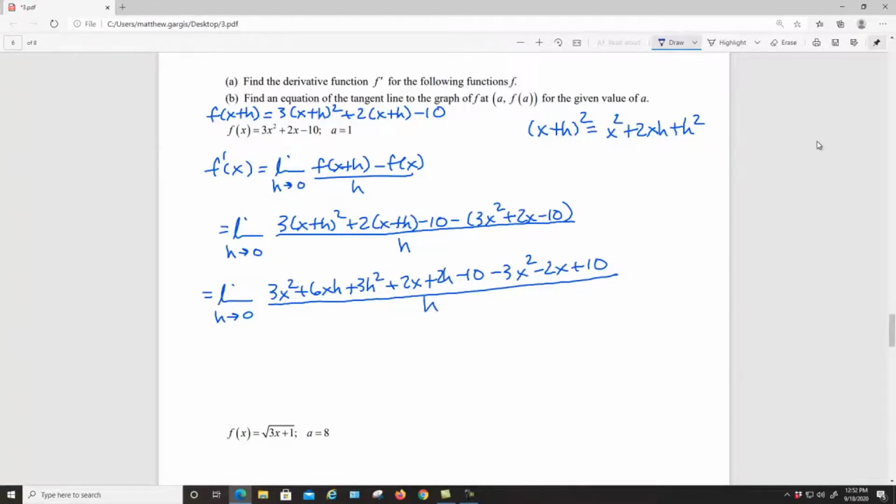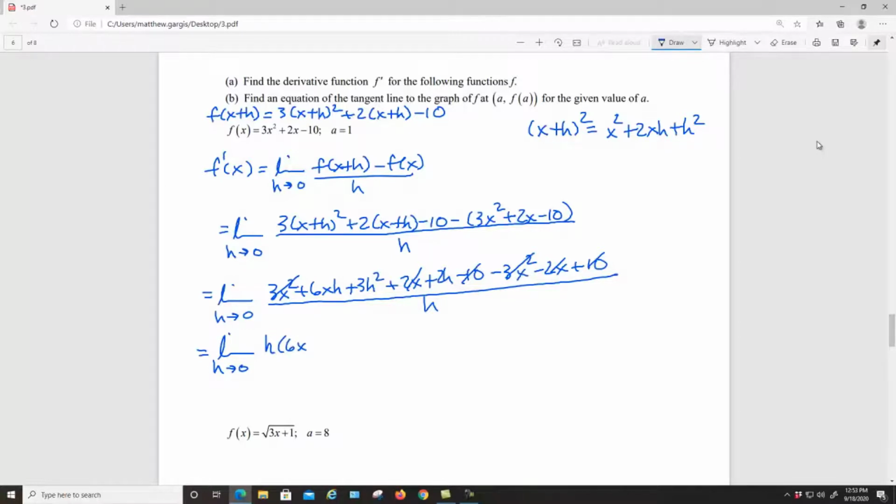Okay, so now the 3x squareds will subtract off, the 2x's will subtract off, the 10's will subtract off. Okay, so I'm left with 6xh plus 3h squared plus 2h. And so I can take that and I can factor out an h.